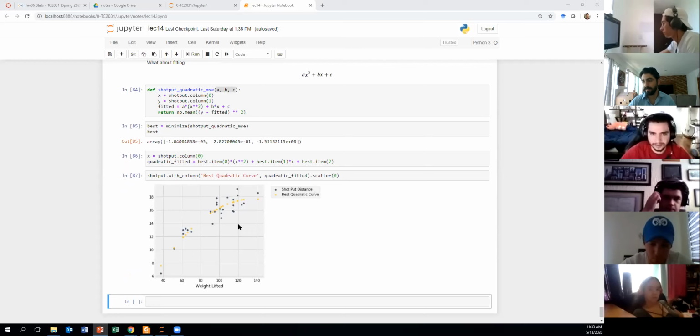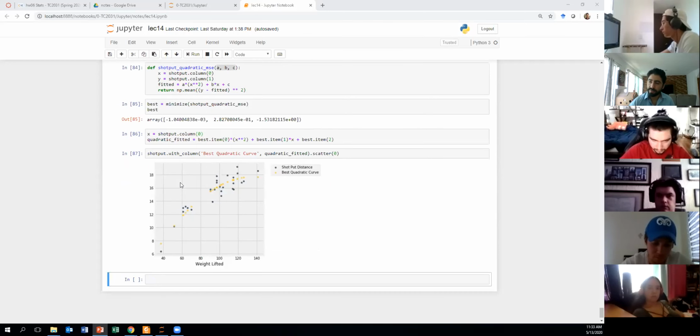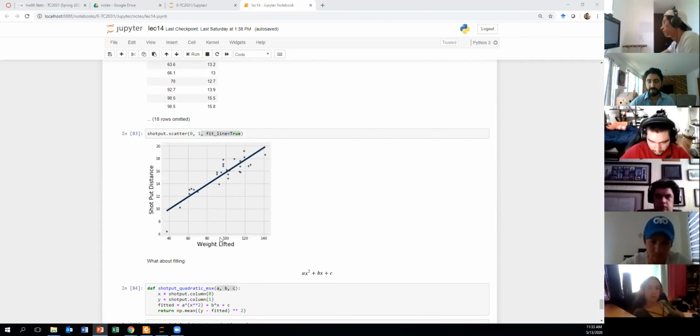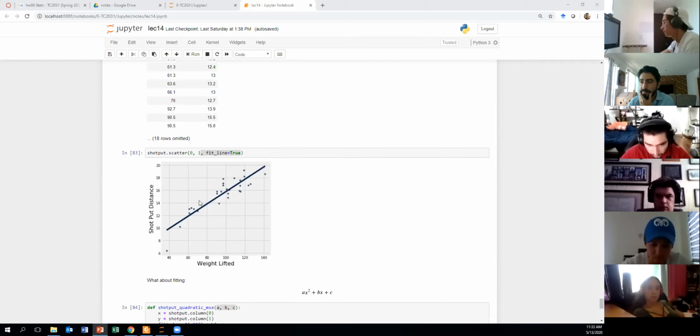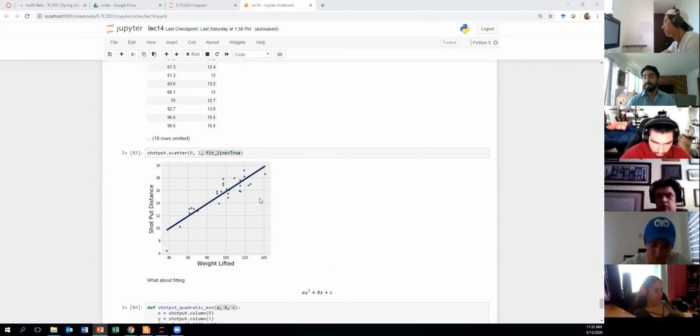I'll let that be an activity for you. You can calculate the error that this line gives you and the error that this line gives you, and see which one is better. Just by looking at it, as I mentioned, you can. That's why I'm saying it over and over: visualize then quantify.